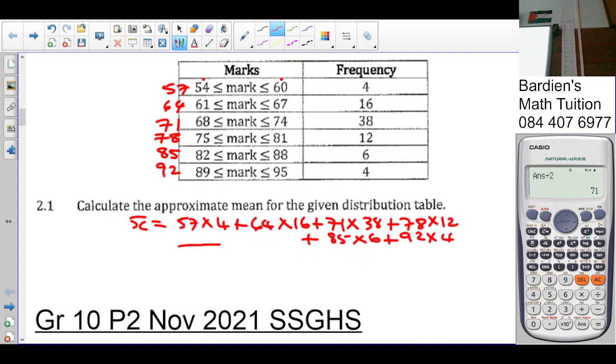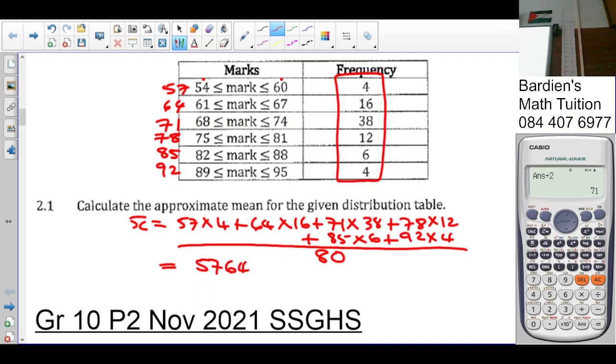That will all be divided by 80. Or we can add this up, and you will also see it will give you 80. So the numerator works out to give you 5,764 over 80. That gives you an answer of 72,05. Okay, proceed.